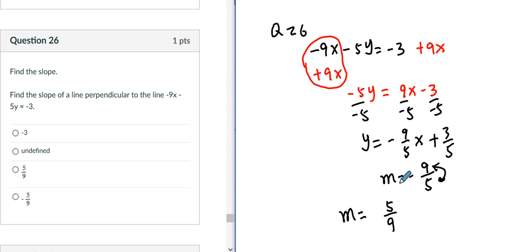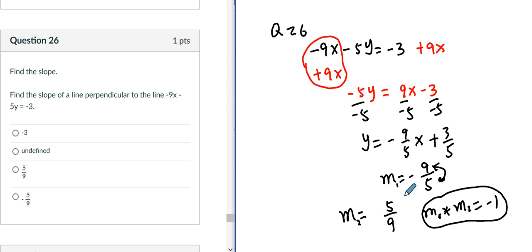Okay, so let's say this is M1, this is M2, then M1 times M2 will be equal to -1. The product needs to be -1. You see -9/5 times +5/9.